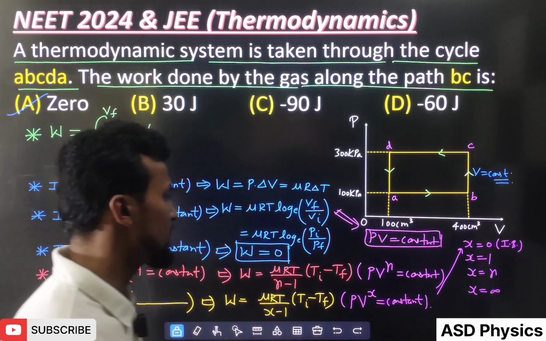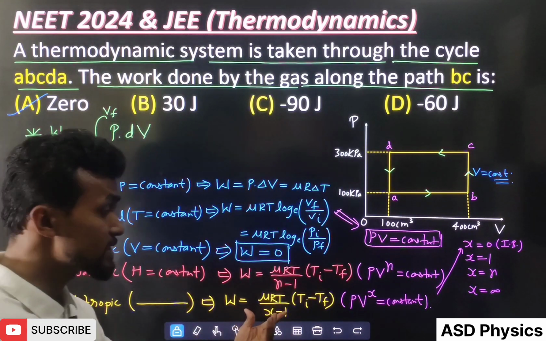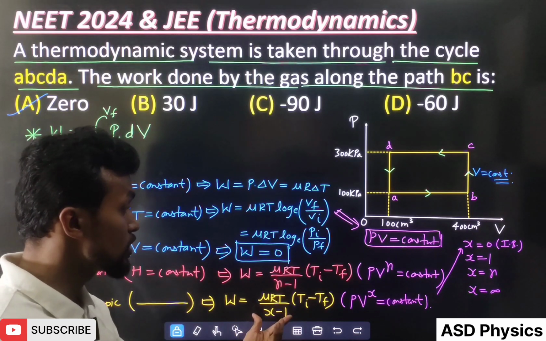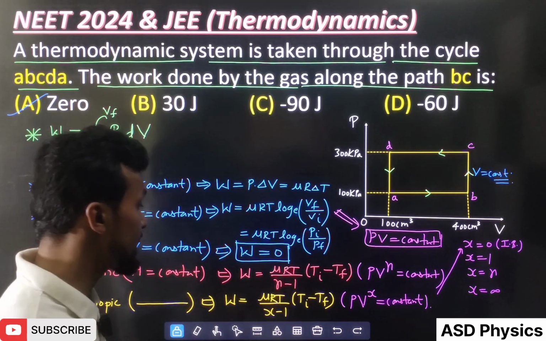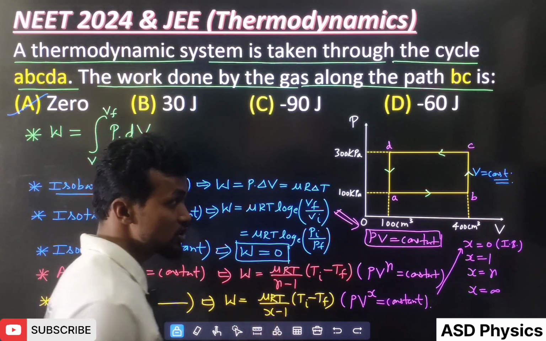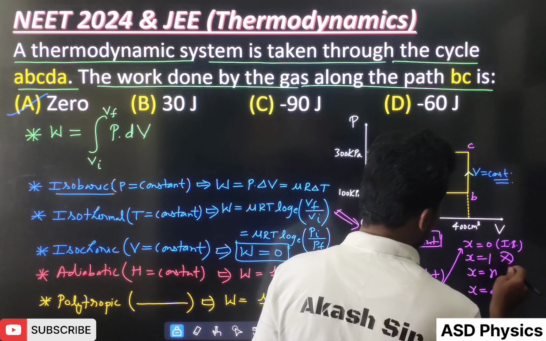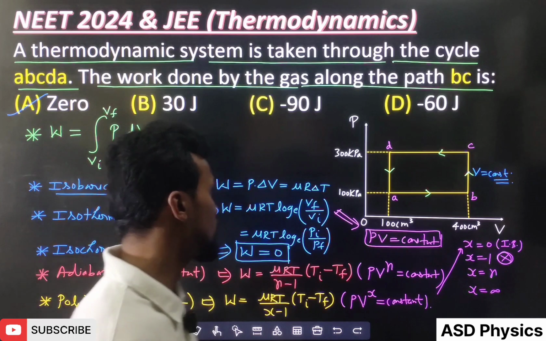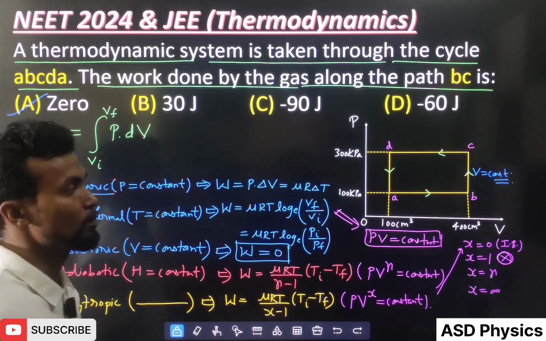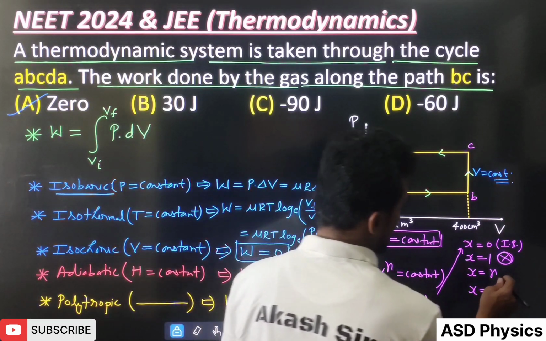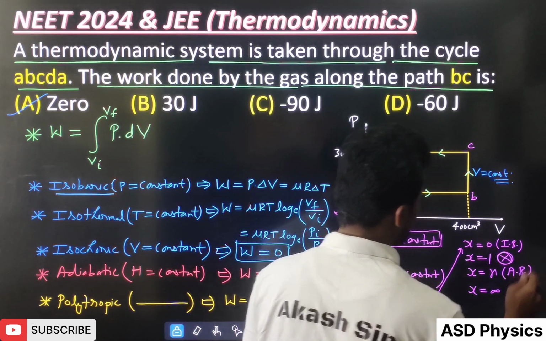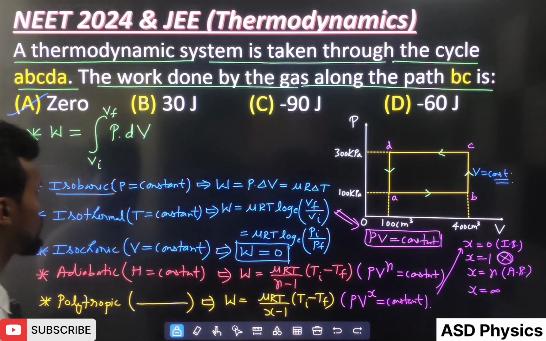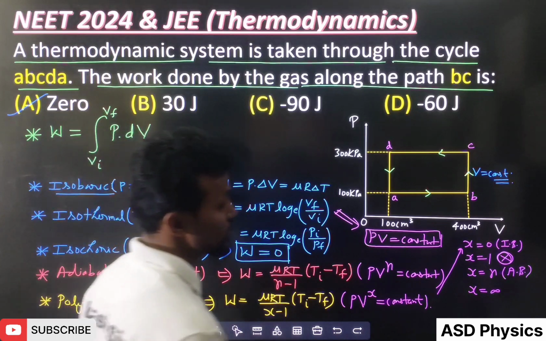If x equal to 1, PV constant, and that is isothermal process, but x equal to 1 means 1 minus 1 is 0, this will become invalid. We can't use x equal to 1 in the polytropic formula, we have to directly use the isothermal formula. If I talk about x equal to gamma, this will be adiabatic process. And if I talk about x equal to infinity, it will become isochoric process.